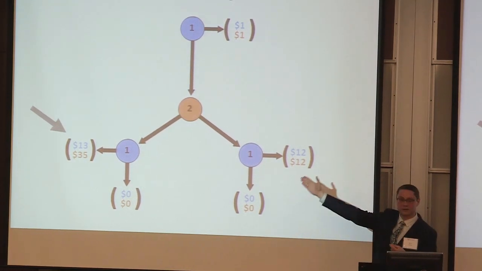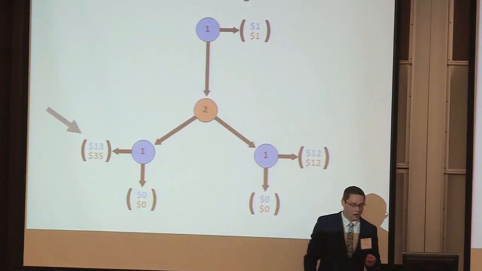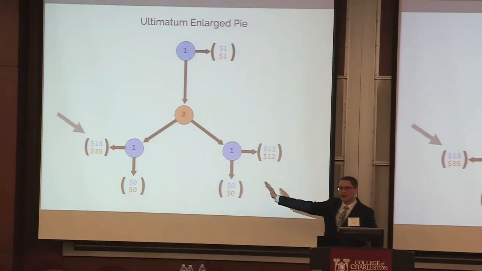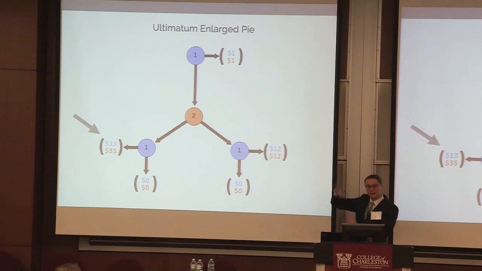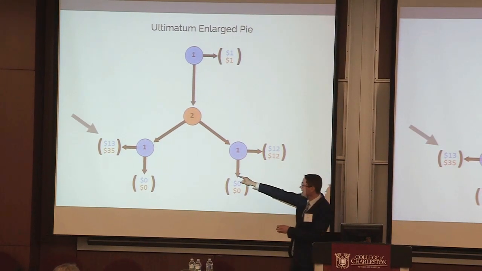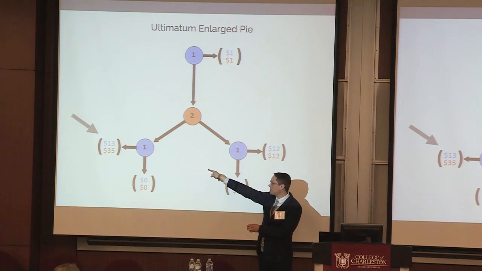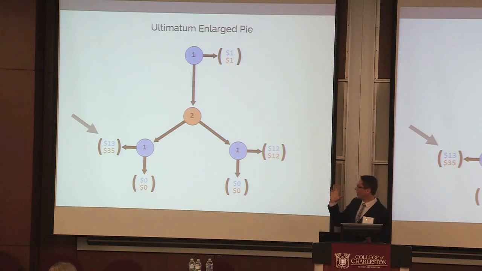The pie is twice as large, but notice 1 is still only getting 25% of it. So just like on those other experiments we showed you, where at 20% of the pie, half of the people are rejecting it, we're going to see, if 1 is consenting and the pie is growing, what is the rate at which people reject that very asymmetric distribution of the money.